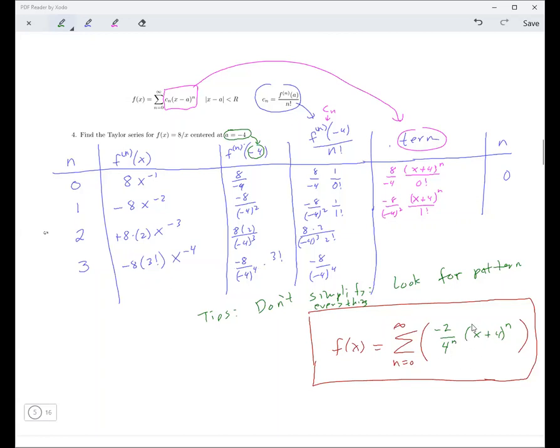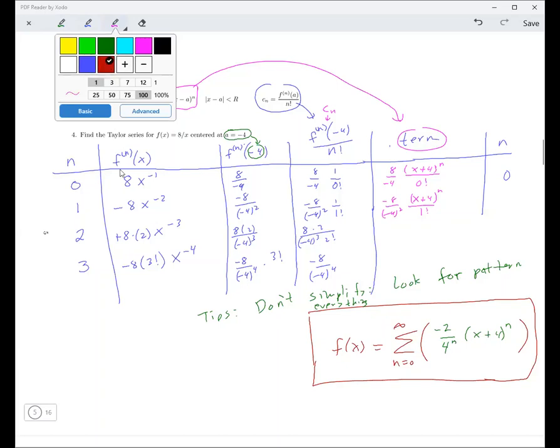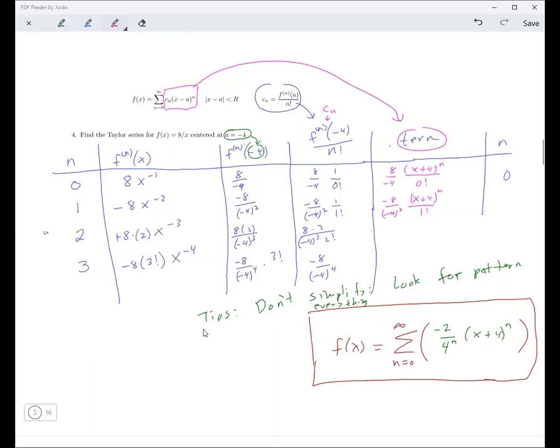Okay, so this should work right here. Now, for the radius of convergence, we have to figure out the radius of convergence.